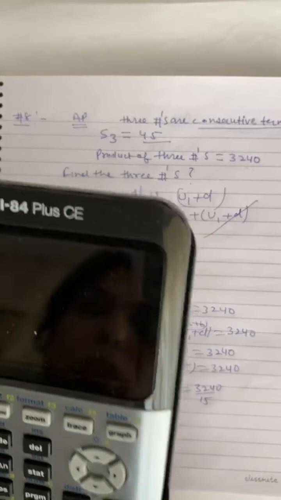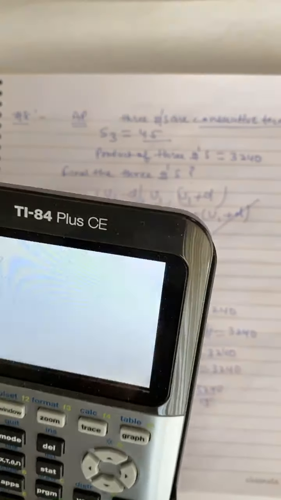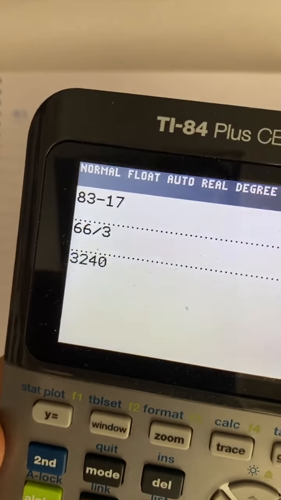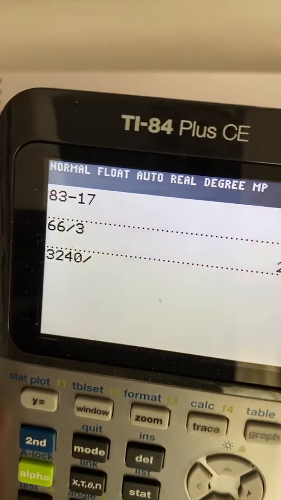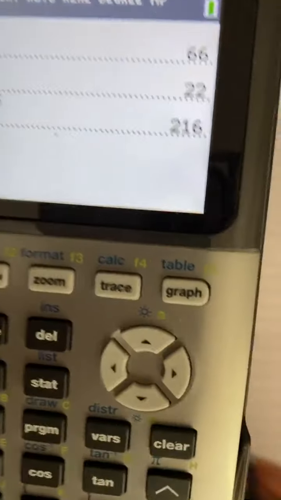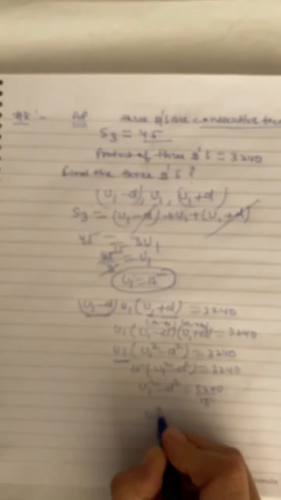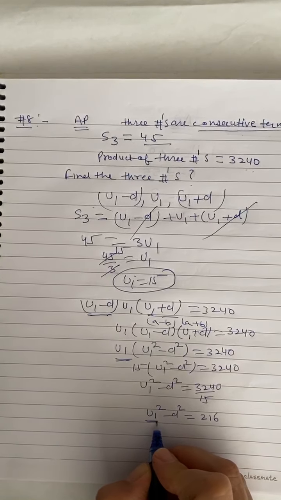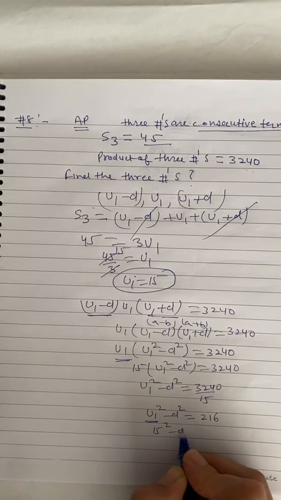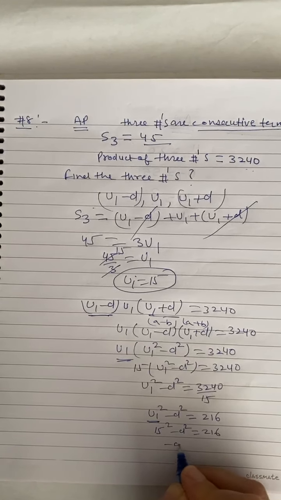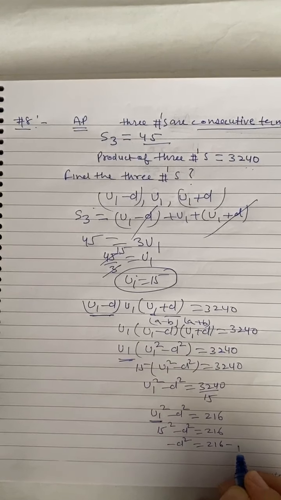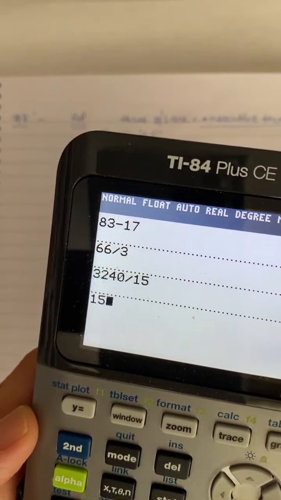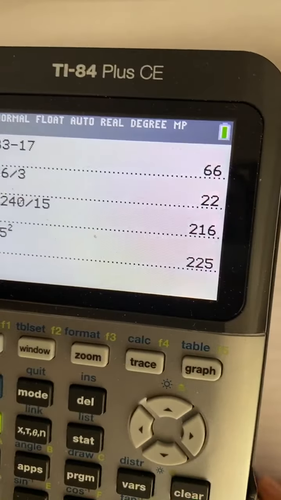So let's do 3240 divided by 15. I'm going to use a calculator for that. 3240 divided by 15 gives me 216. So u1 squared minus d squared is equal to 216. Now again, substitute the value of u1, which is 15, so 15 squared minus d squared is equal to 216. 15 squared is equal to 225.